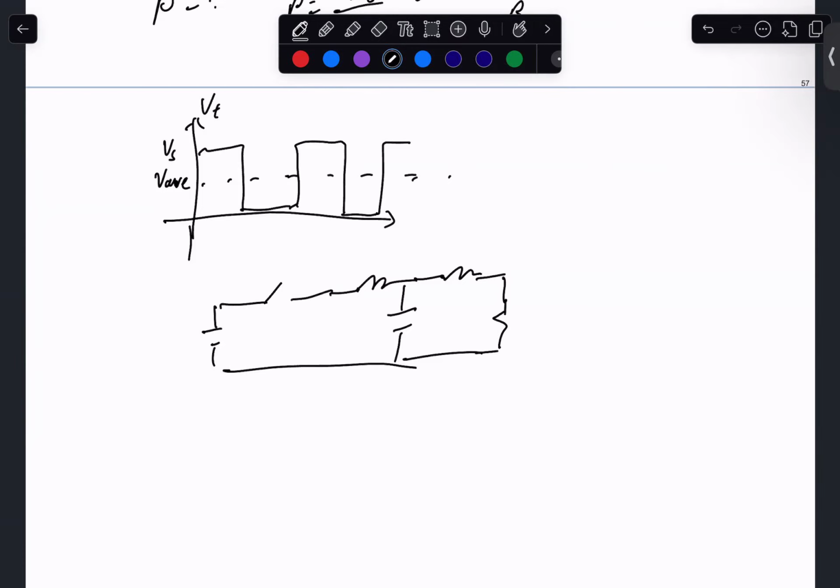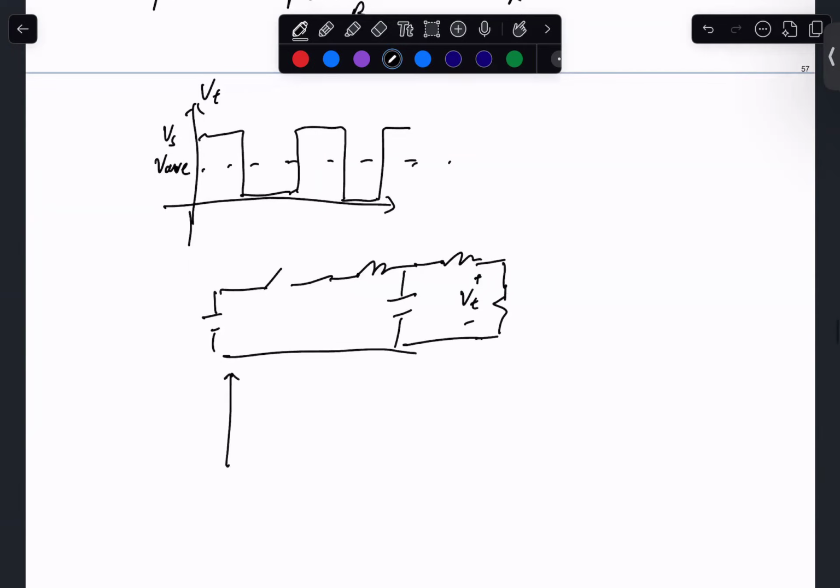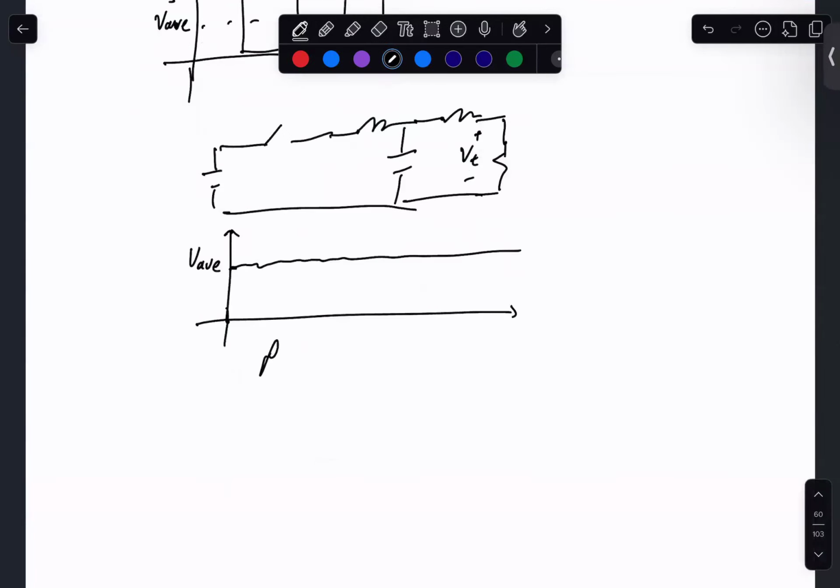If you look at the output voltage after we filter it, the output voltage will be very close to the average voltage. So in this case, the power calculation is clear because the average voltage is constant: just V average squared over R, right?